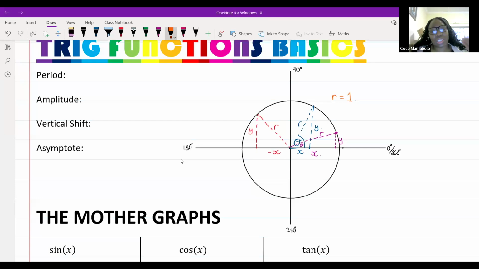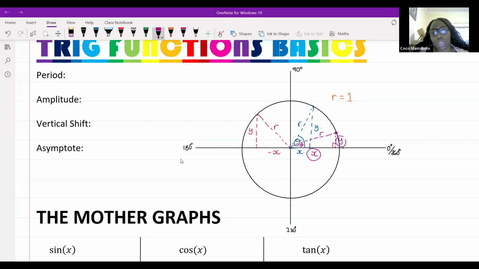So what this actually tells us is that our ratios of x and y, it doesn't matter where I draw my x and my y. If I do Pythag to find my radius, whatever my x and y is, the radius that is going to give me will be 1, right?